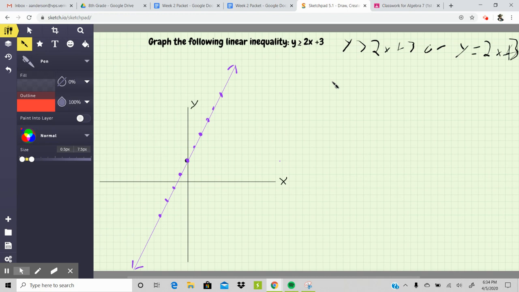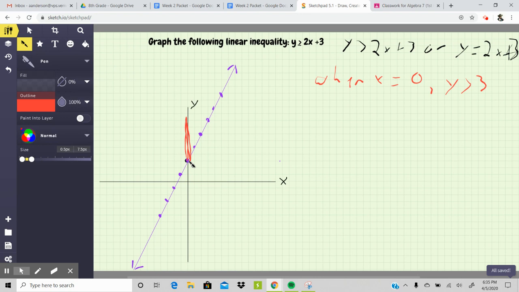When x equals 0, I'm going to plug 0 in for x. 2 times 0 is 0, plus 3 is 3. So when x is 0, y is greater than 3. So right here, y has to be greater than 3, so that would be going straight up. Sorry, that should be like a straight line going up and down above 0.